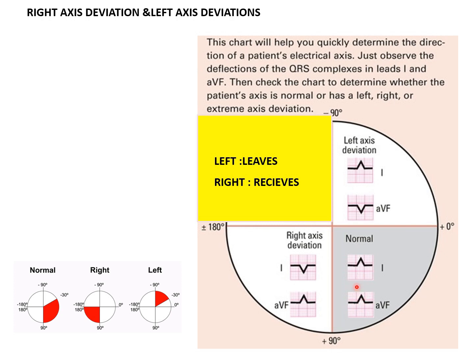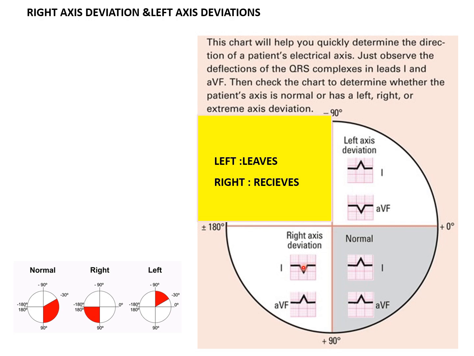In left axis deviation, the tall wave will be positive in lead 1 and negative in AVF. So these two waves are leaving each other. One is going upwards, one is going downwards. This is left axis deviation.